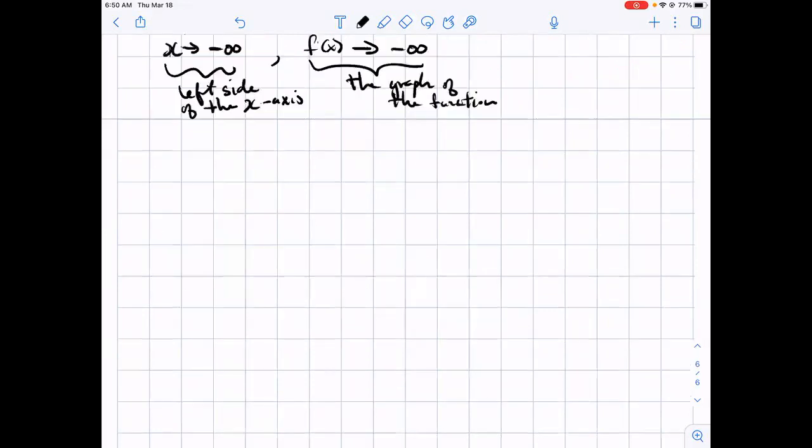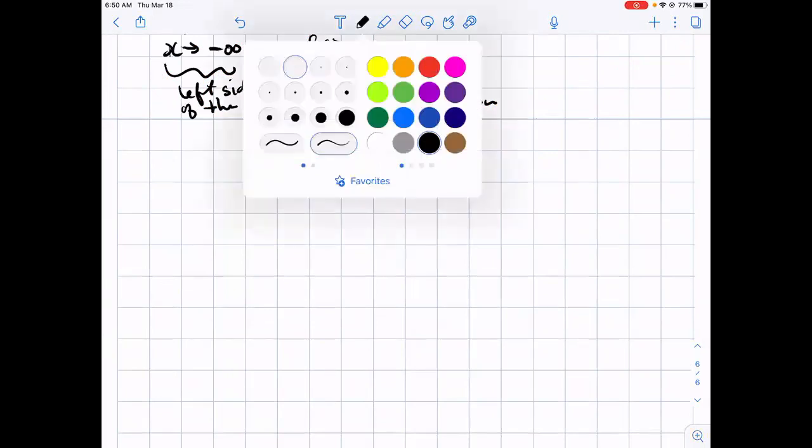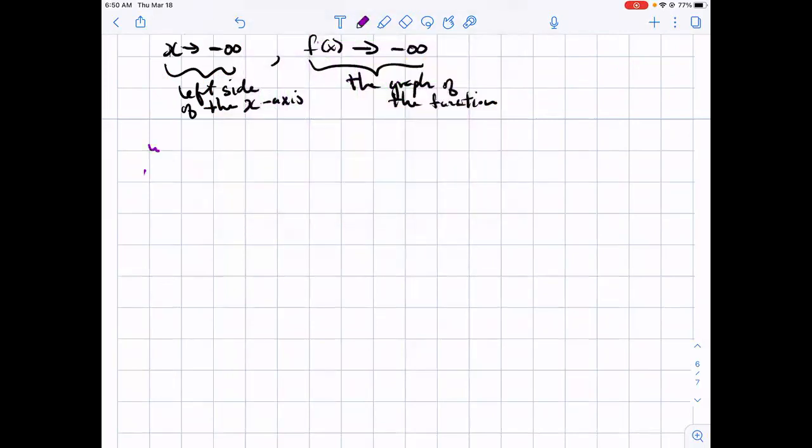Now, similarly, what happens when n is even? We already know that the graph is parabolic, right? And how does the leading coefficient influence the graph?